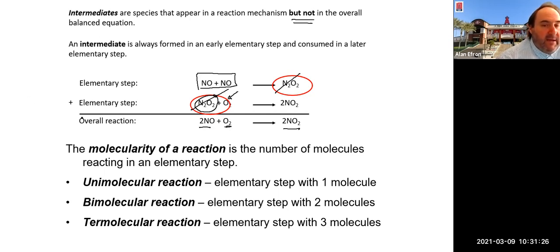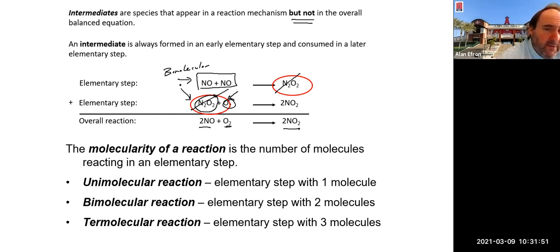Bimolecular is where we have a couple of reactants basically coming together. And termolecular means we have up to 3 molecules reacting. This guy here would be bimolecular, right? We got 2 guys reacting. And same thing down here. We have the N2O2 and the O2 reacting, which would be bimolecular in each of those cases.